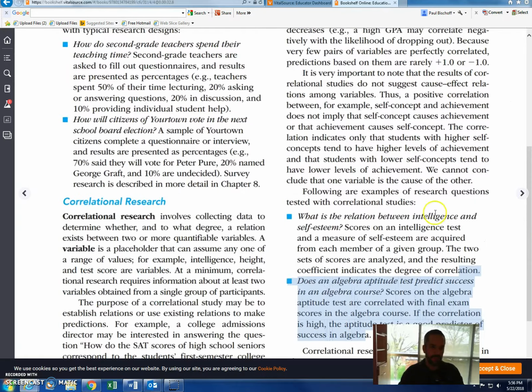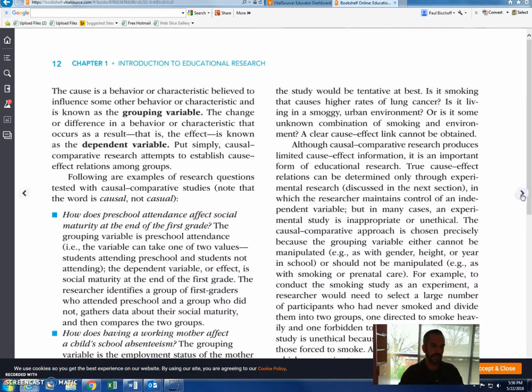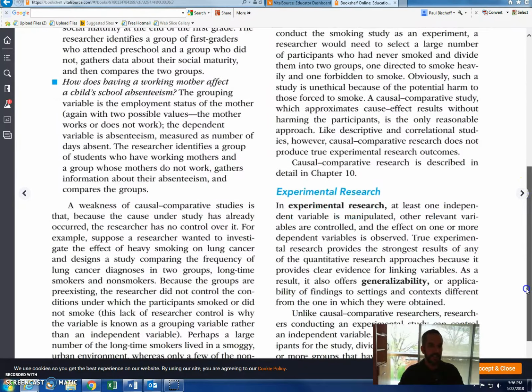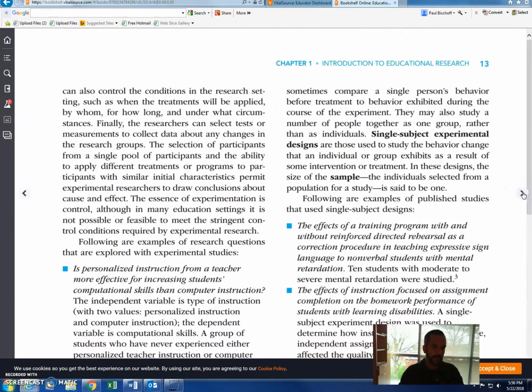So, more information here on correlational research. Experimental research is really, really super interesting. There's a chapter, I think it's chapter 10 or 11 in the book, which focuses in detail on experimental research. Chapter 1 is a really helpful chapter.